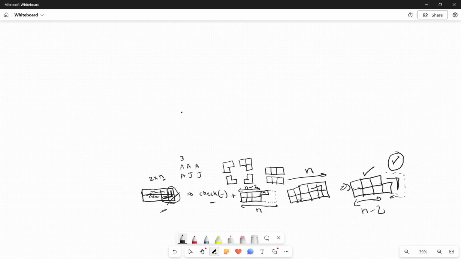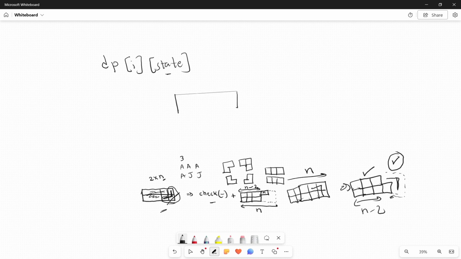Suppose I define some states. DP of i is the number of columns, and the state characterizes the shape of our remaining part.